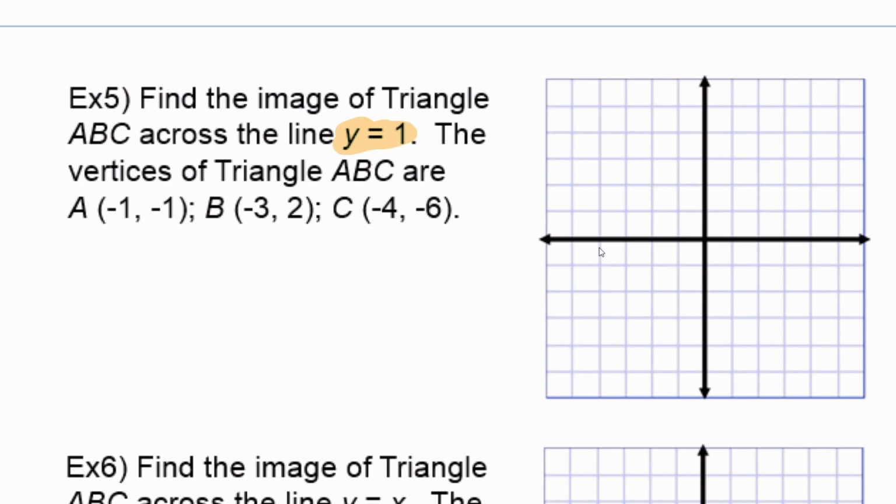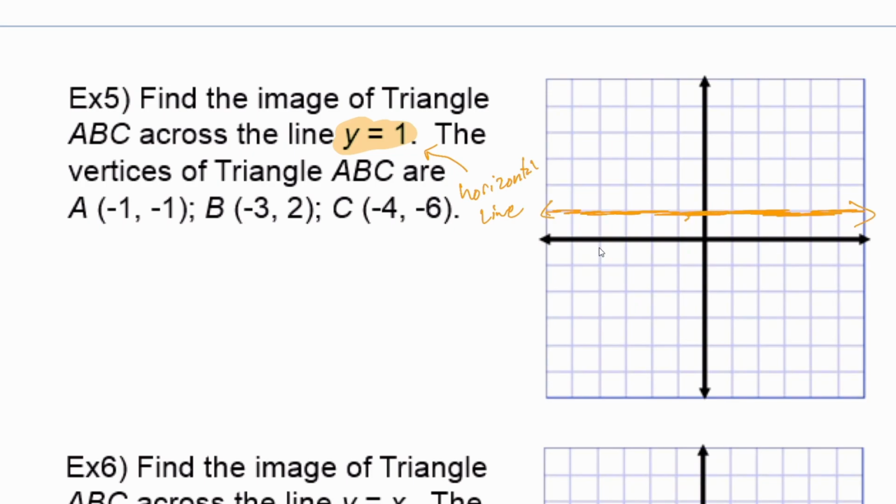So this y equals 1 is going to give us a horizontal line. And so the horizontal line is going to be everywhere that y is 1. So if we go up to 1 for our height here, everywhere along this horizontal line is going to have a height of 1. So I'm going to go ahead and fill that in.